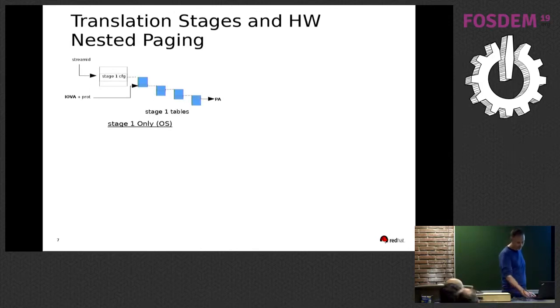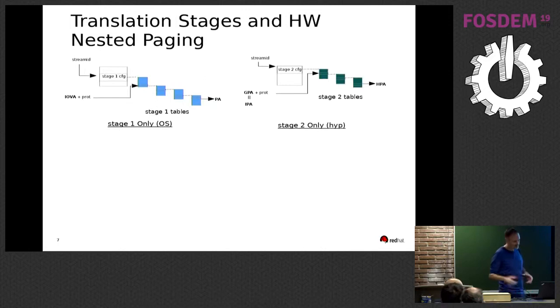Second case is that your hardware can implement still a single stage, but not meant for scatter-gather, but rather meant for virtualization use case. In that case, it's meant to translate a guest physical address into host physical address. So those are two different stages.